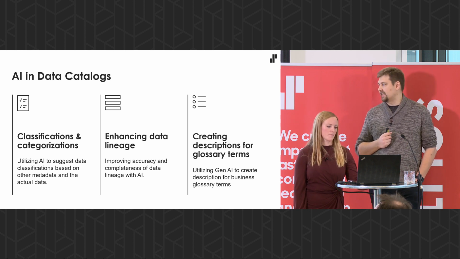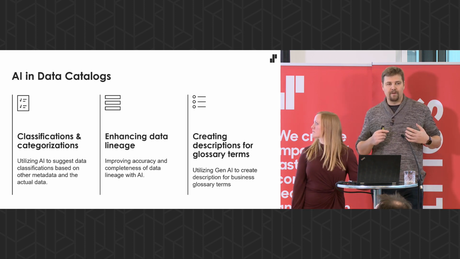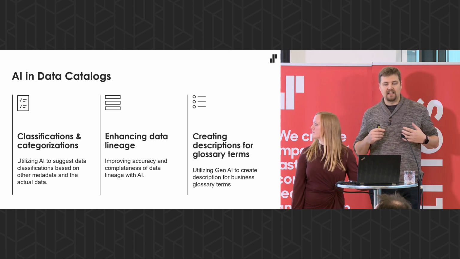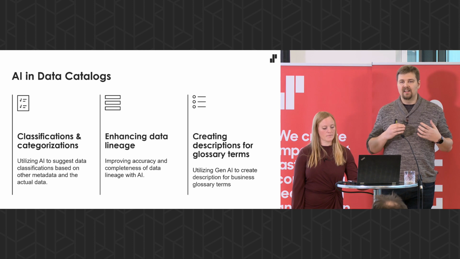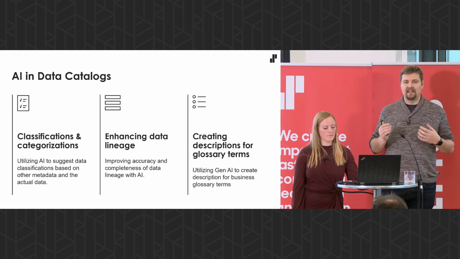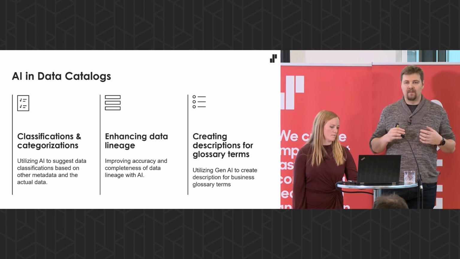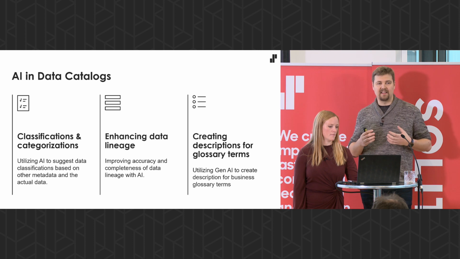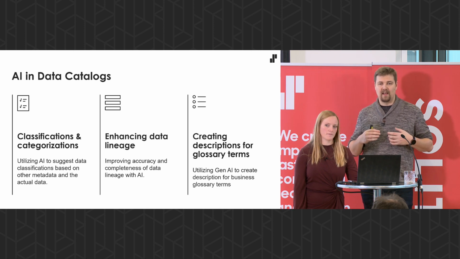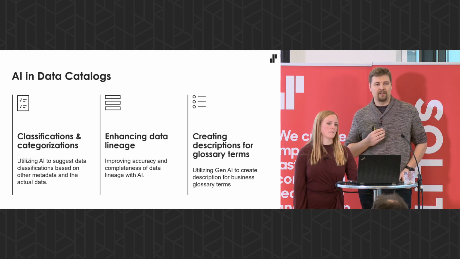Then, enhancing data lineage. Often the problem with data catalogs is that there are black boxes when it comes to data lineage. We lose visibility or track of the data movement at some point, whether it's some system that is a black box at the database level that we cannot access, or some integration system that the catalog does not have connectivity towards.